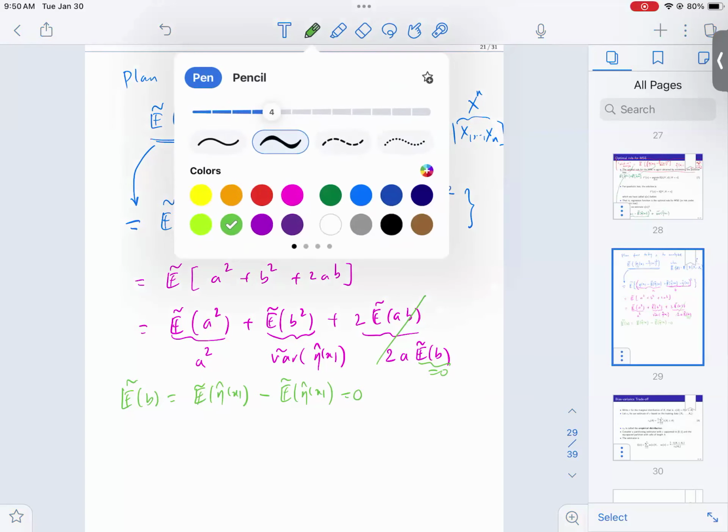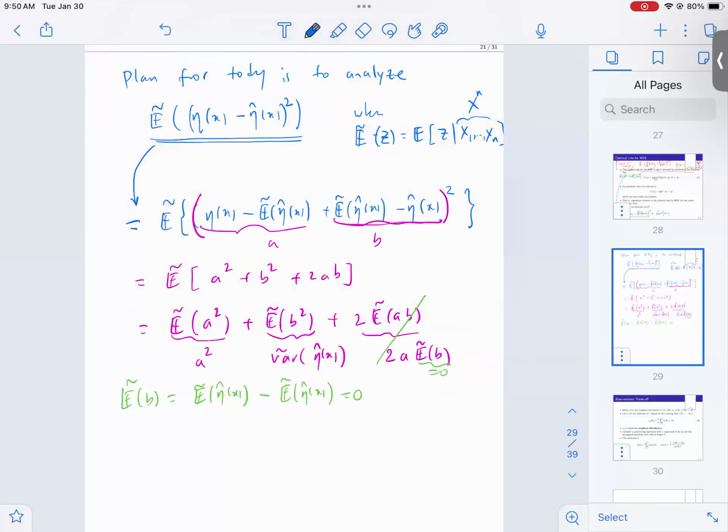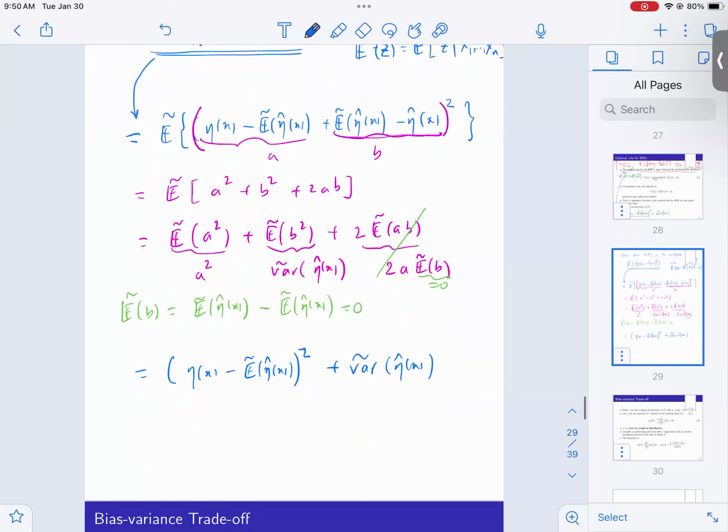So what I'm left with is a square, which I'm not going to plug in: eta x minus the expectation of eta hat x, squared, plus the variance of eta hat. Okay, so this is a fairly general formula.